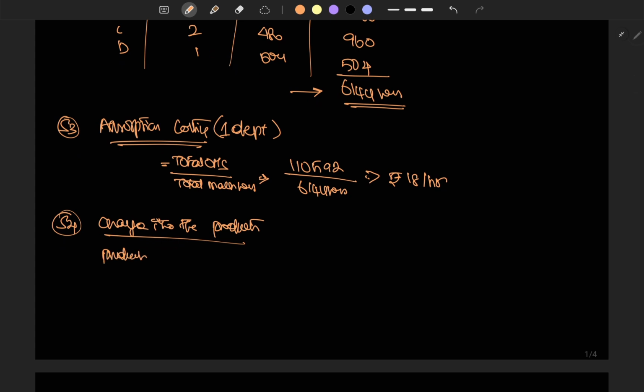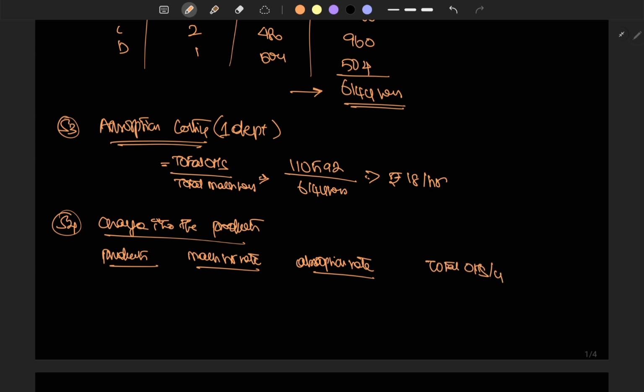Products, machine hour rate, absorption rate, and then total overheads per unit.